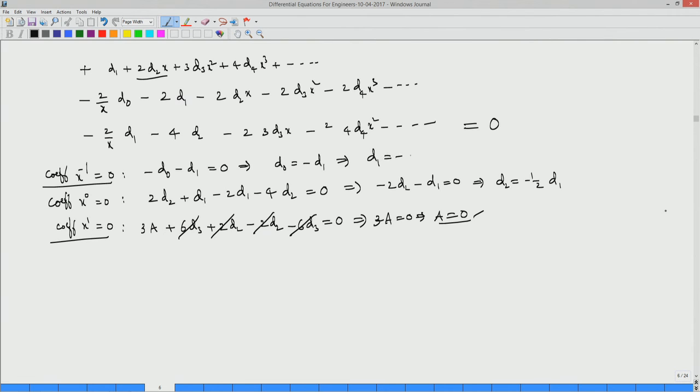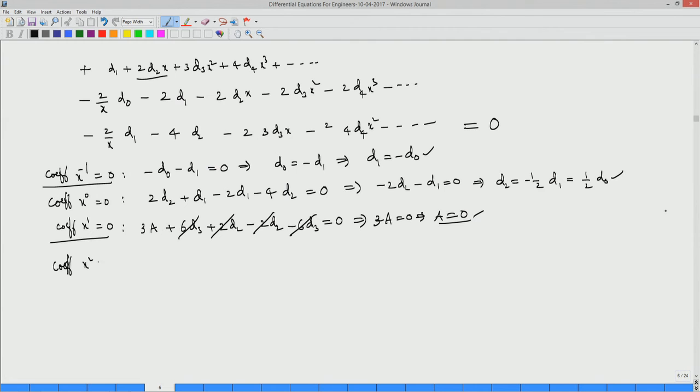Like d1 is minus d naught. What is d1? d1 is minus d naught, so d2 is minus half d1, and d1 is minus d naught. So, that will make it this one. So, you could get d1, d2 in terms of d naught. d naught is arbitrary. So, like that you can go on.